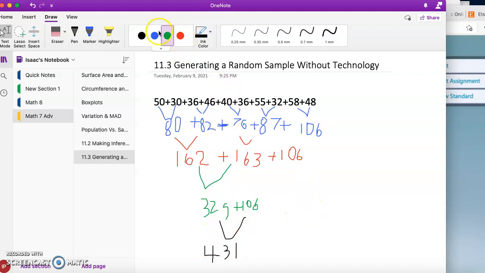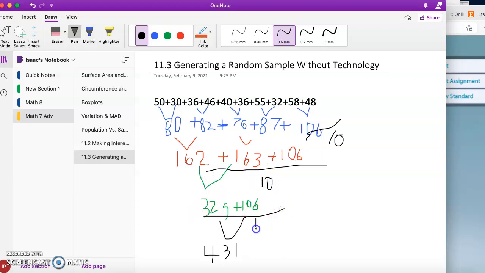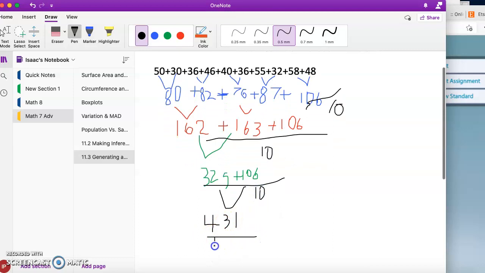But don't forget, we are doing means. There's one more step. We need to divide by 10, because that's our number of inputs. And when we divide all of them by 10, we'll get 43.1. By the way, this example, don't write it down. This is just to show you.